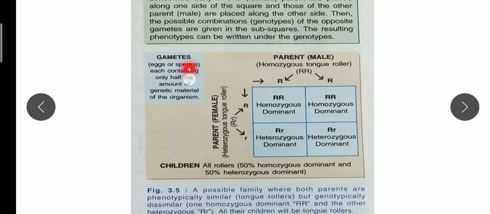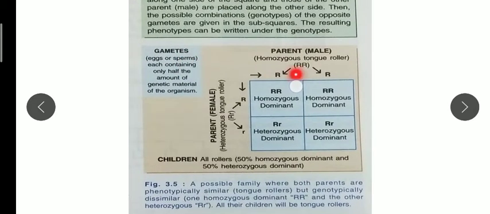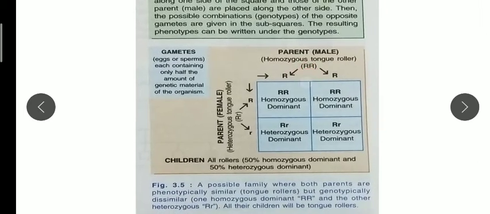So you can see this is the male parent, RR. The male has the dominant gene and the female is heterozygous, so capital R, small r. For writing this, I told you that we have to segregate the letters or alleles like this.